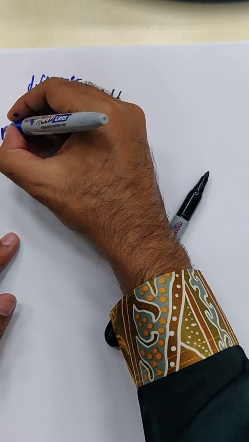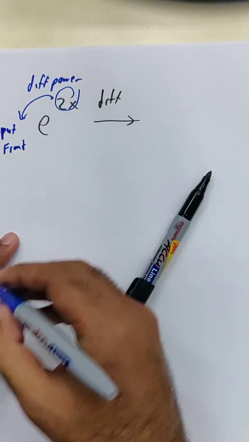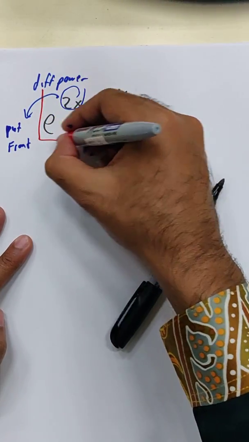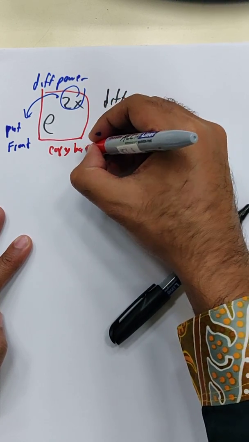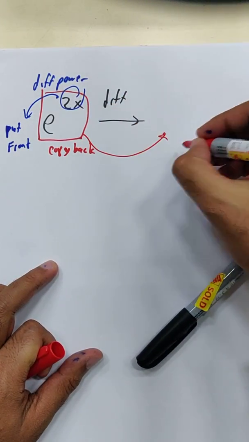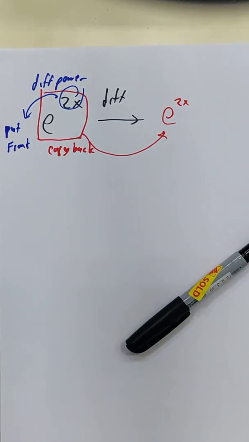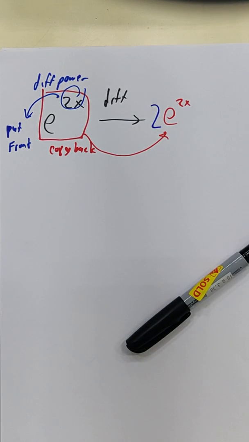Put in front. You transfer to the front. And what else do you do? You copy the whole thing. Okay, some people prefer to copy first. And then you differentiate it, you put it in front, you get 2. Okay, as simple as that.